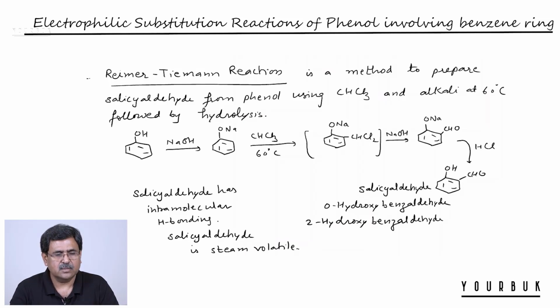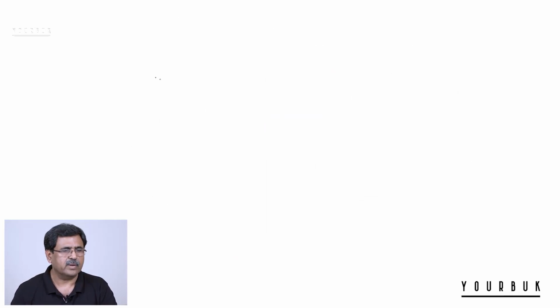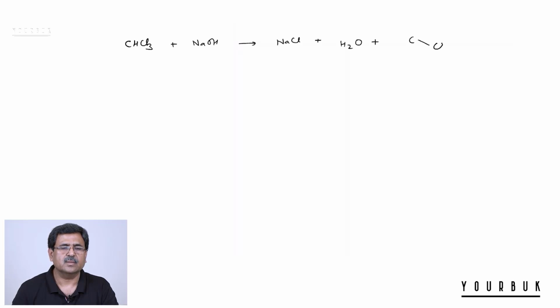Now, since this reaction is an example of electrophilic substitution, we should know what the electrophile in this reaction is. When chloroform reacts with the alkali, sodium hydroxide or potassium hydroxide, it forms NaCl and CCl2.